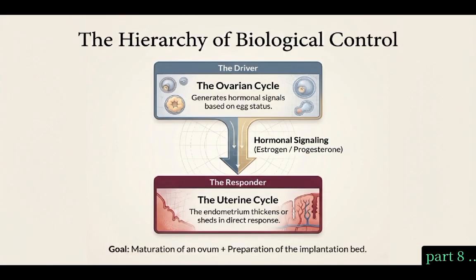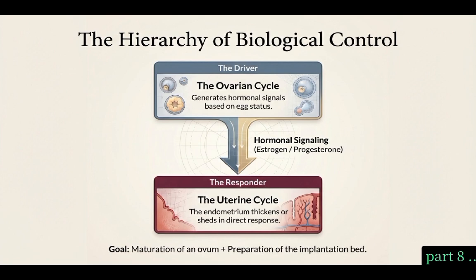So we have this ovarian cycle, and it is interrelated and interconnected to the uterine cycle. The ovarian cycle generates signals based on egg status, whether the egg is fertilized or not, depending on whether the egg has matured or not.